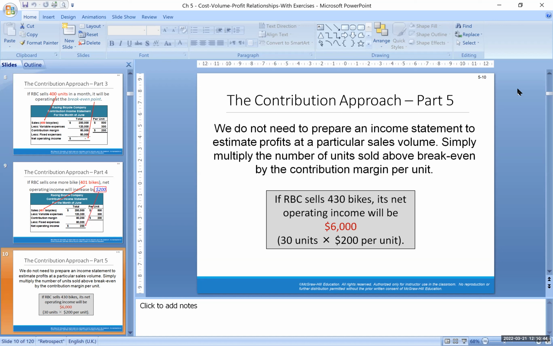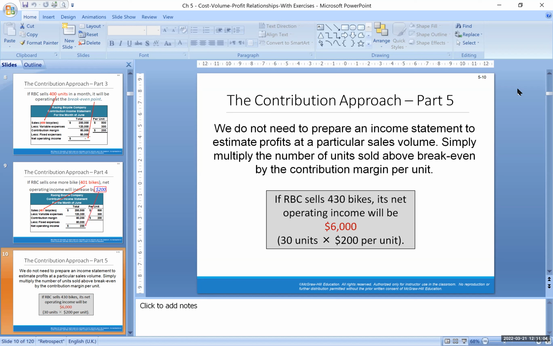Simply multiply the number of units sold above the break-even by the contribution margin per unit. Again, just to emphasize, we recognize the profit beyond the break-even point.